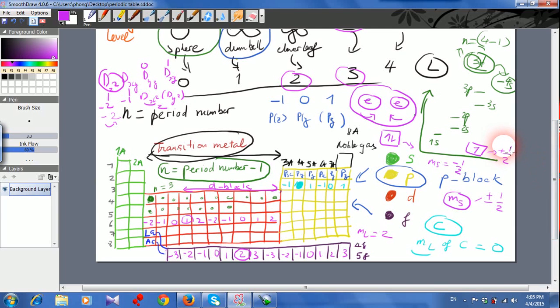That's just a simple number to know the spin and how many electrons are in the orbital.